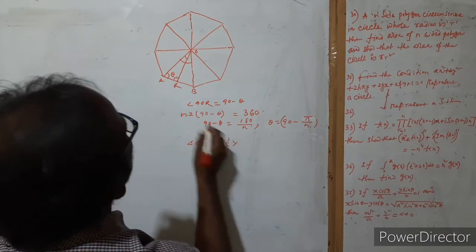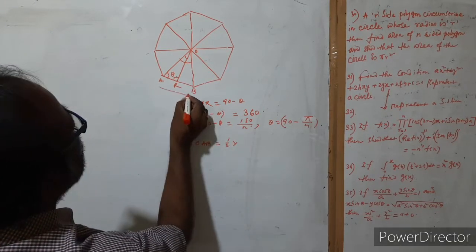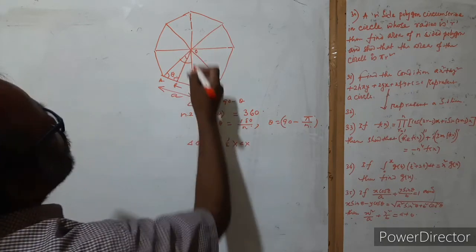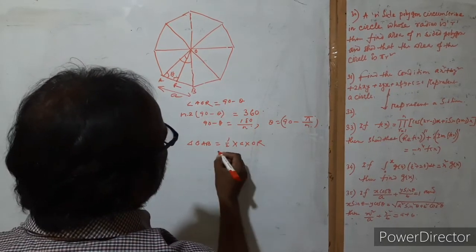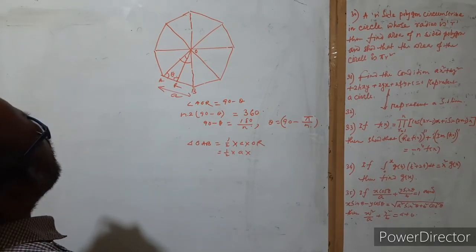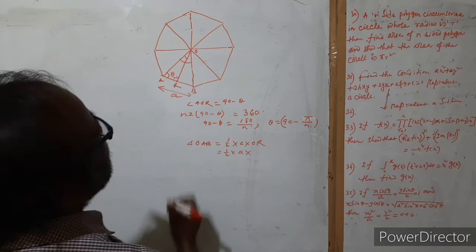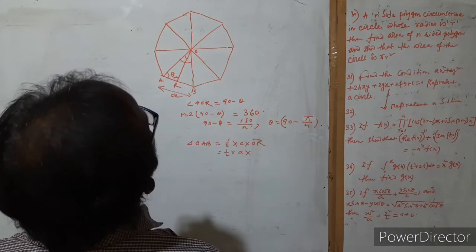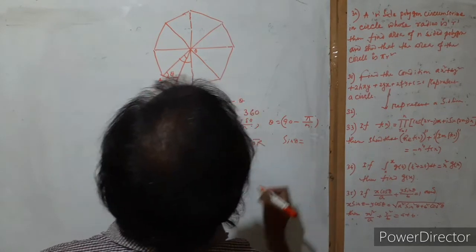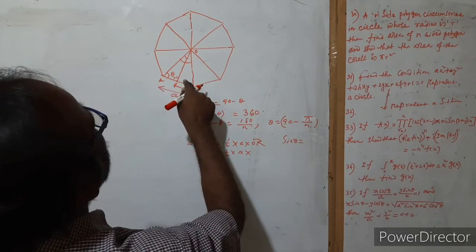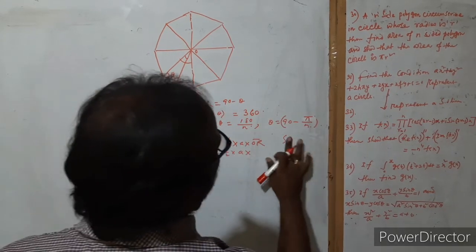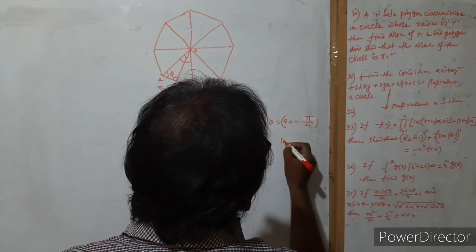The area is half into base, that is AR. Let us assume this length is A unit, so A into height, which is OR, so half into A into OR.